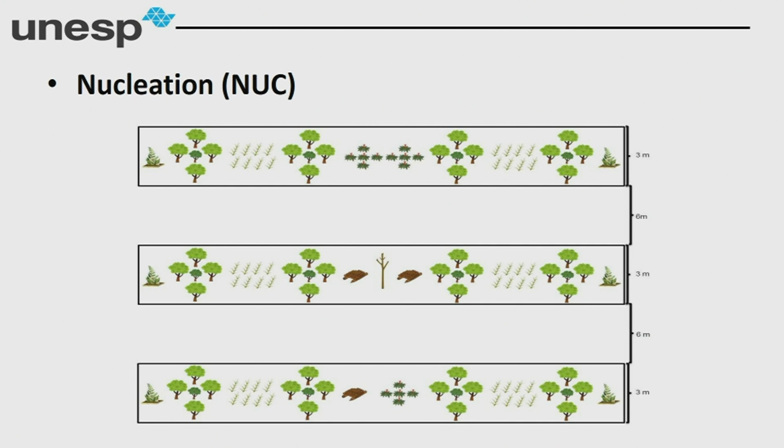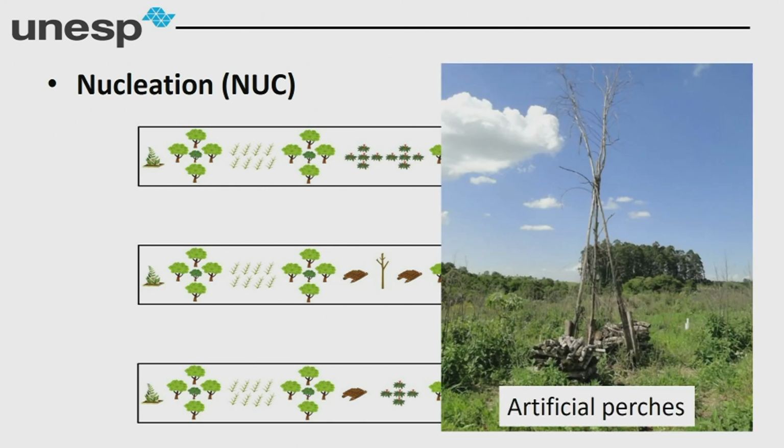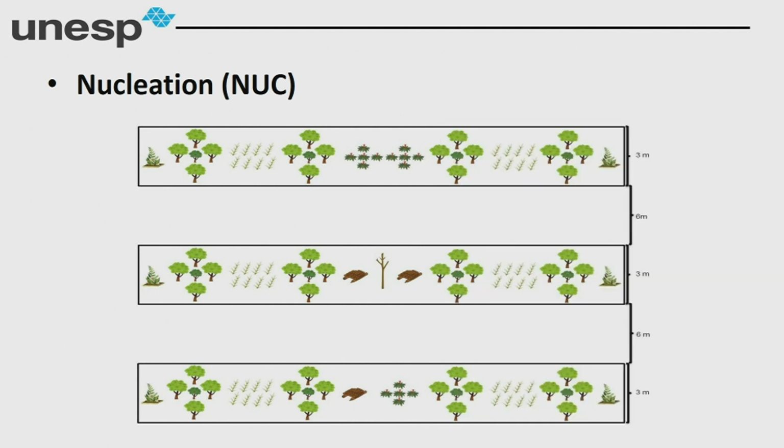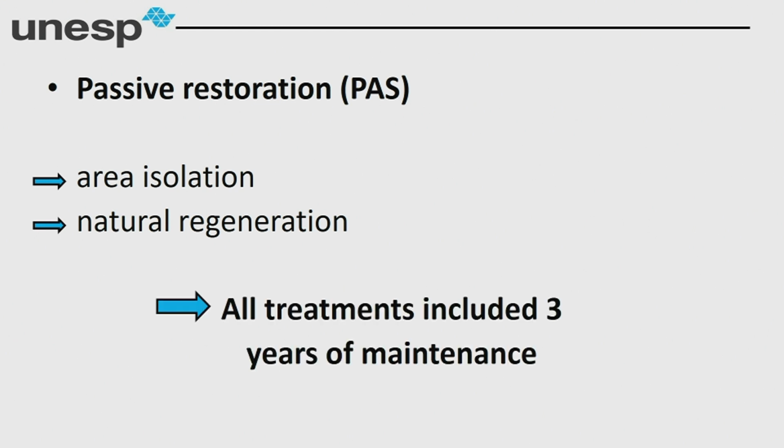So this second model had artificial shelters and also artificial perches. And the third model had 1 artificial shelter and 1 bromeliad. The passive restoration treatment consisted only in area isolation, so natural regeneration could happen. So all the treatments included 3 years of maintenance.